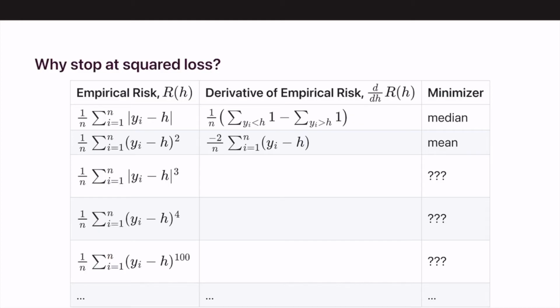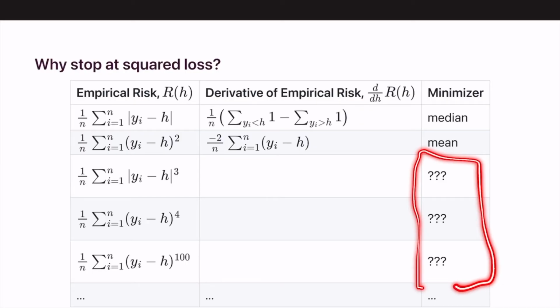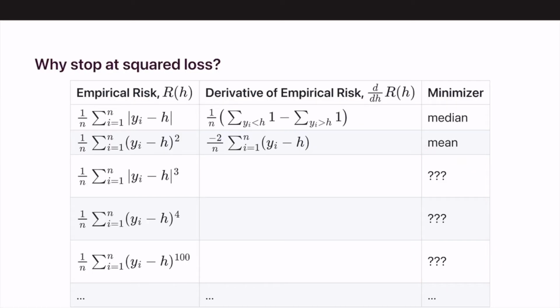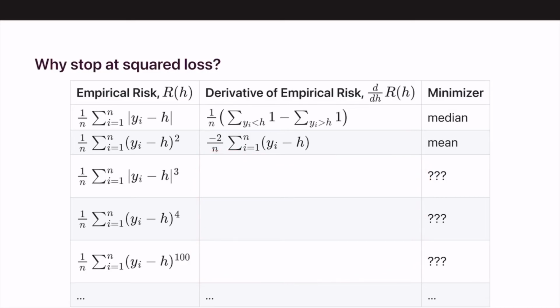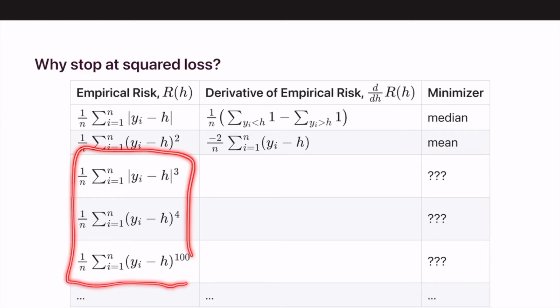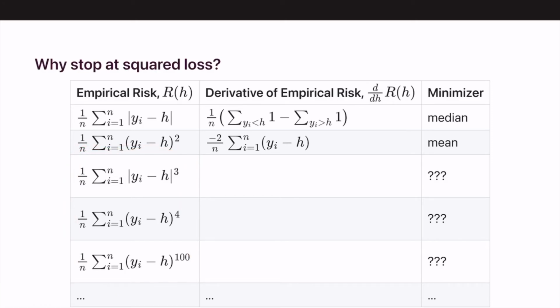Why would we want to do that? And also, if we do that, what happens to the minimizers? Honestly, the derivative part and setting it equal to 0 doesn't really change, but these minimizers wind up being slightly different, and they also become more complicated to solve for.